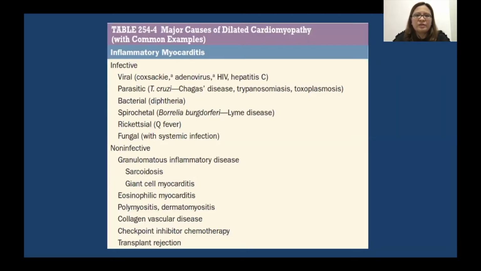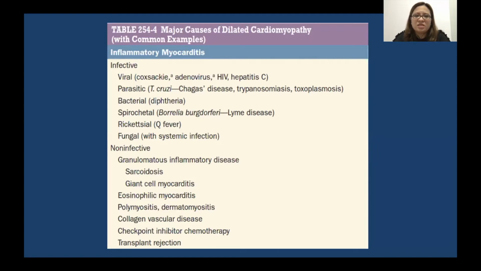So, for the major causes of dilated cardiomyopathy, we have the inflammatory myocarditis, including infectious causes such as the viruses, most commonly caused by the Coxsackie virus, also adenovirus, the HIV, and the hepatitis C. Parasites such as Trypanosoma cruzi, which causes Chagas disease, and others such as toxoplasmosis are included.